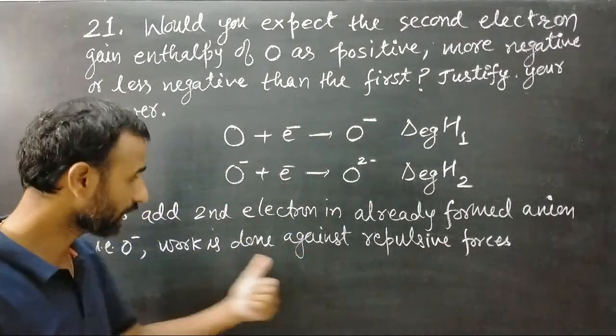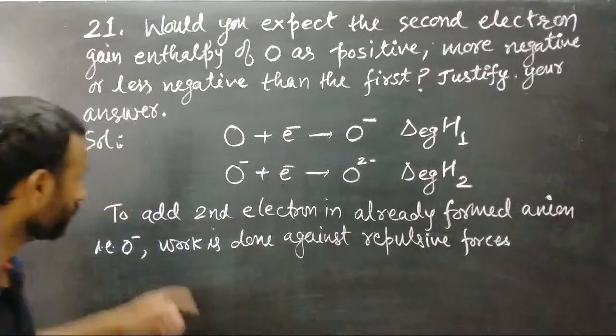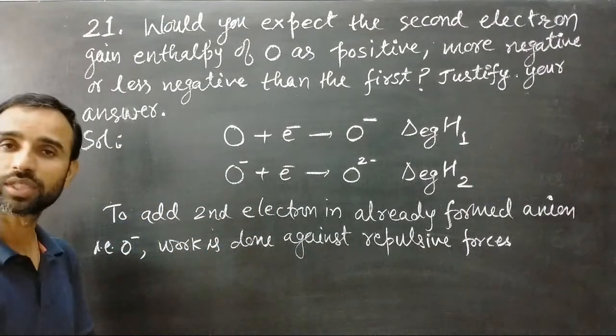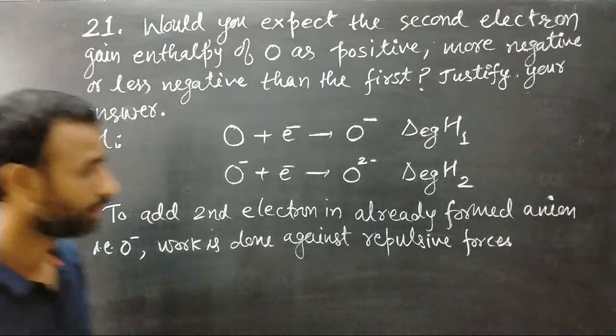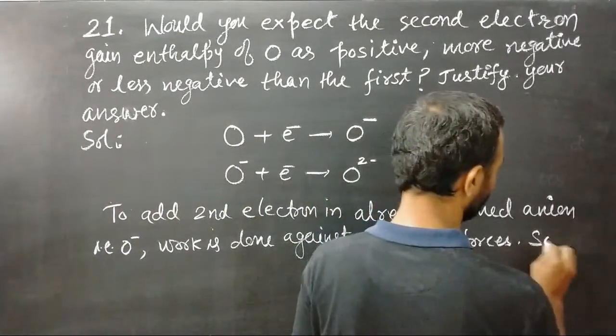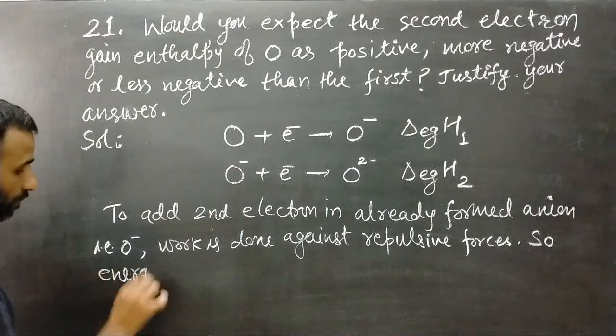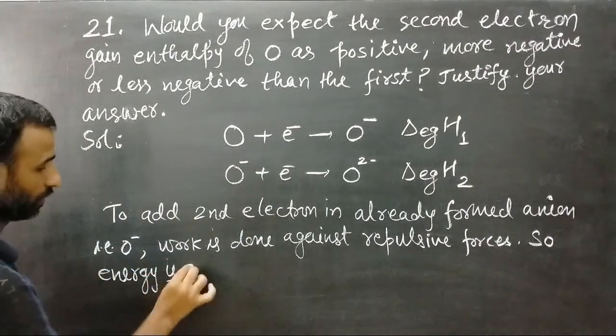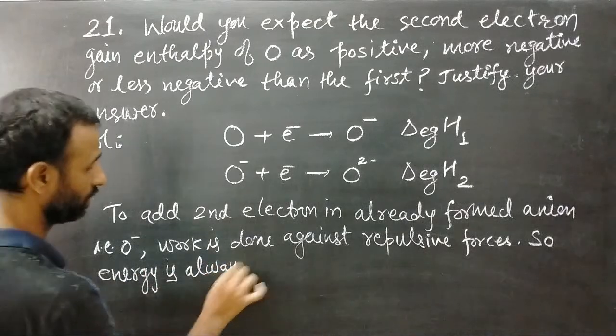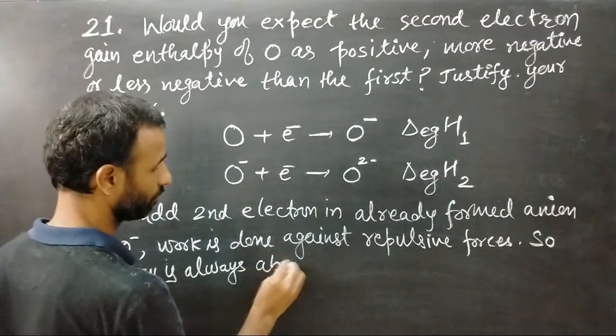So work is done against repulsive forces to add the second electron, so energy is always absorbed.